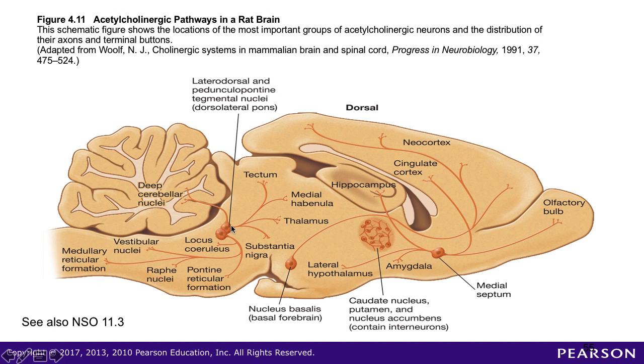The ascending projections go to the midbrain and the diencephalon. The nucleus basalis and medial septum also project to diencephalon and mostly telencephalon structures.